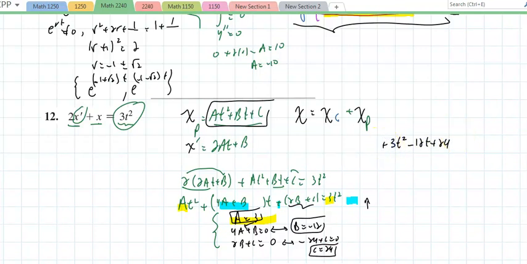What's left is the homogeneous. I'm going to let y equal e to the rt, y prime equal, so homogeneous means I'm taking this and setting it equal to 0, really.